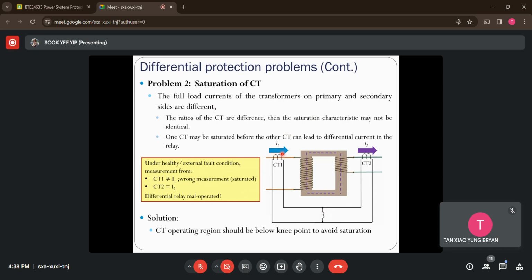So what is the solution to this? Select the right current transformer. How? By choosing the right knee point value for the current transformer. You have to ensure that the situation doesn't cause it to operate over the knee point voltage, else it will give us the wrong reading due to saturation. Okay, so this is the second problem, and here would be the solution.